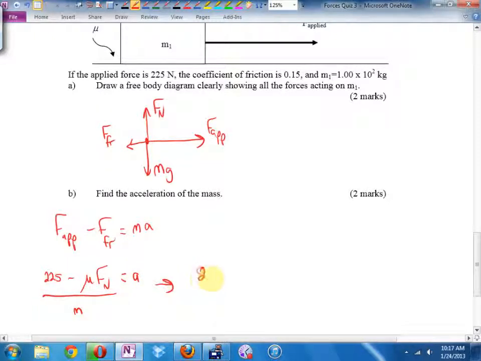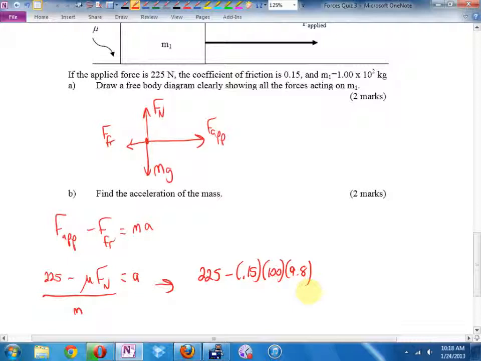I'm going to get 225 minus mu, which was 0.15. The normal force, I don't know, but it's the same as mg, so it's going to be 100 times 9.8. It's 1 times 10 to the 2, but that's 100, which is less writing. I don't know why I typed 1 times 10 to the 2.